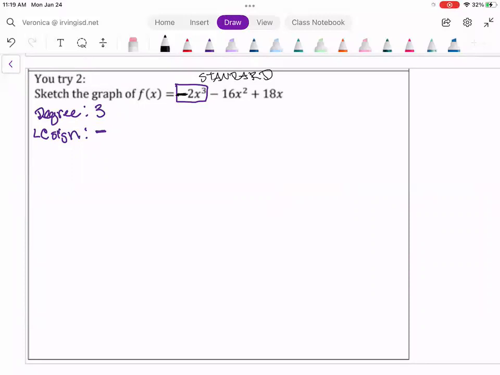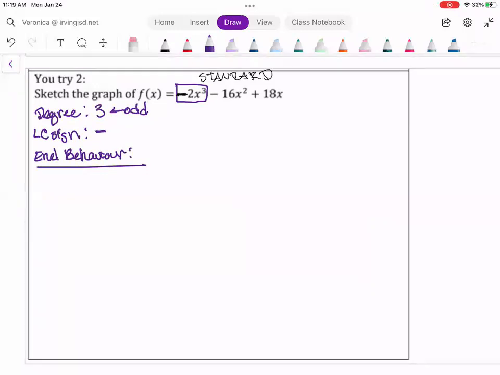Now, after finding my degree and leading coefficient sign, I can figure out the end behavior, right? So my end behavior is found by doing a graph comparison. Okay, so we have an odd degree and a negative coefficient. So what does that mean?